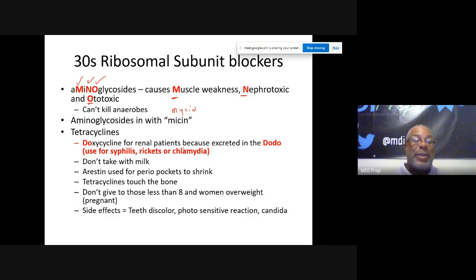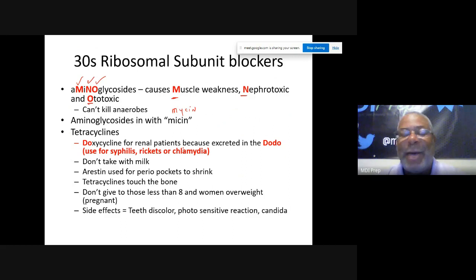So if we remember that ACE, azithromycin, clindamycin, erythromycin, those are not aminoglycosides. Those work at the 50S ribosomal subunit. Then we can think of any other mycin as an aminoglycoside. Does that make sense? Yeah.